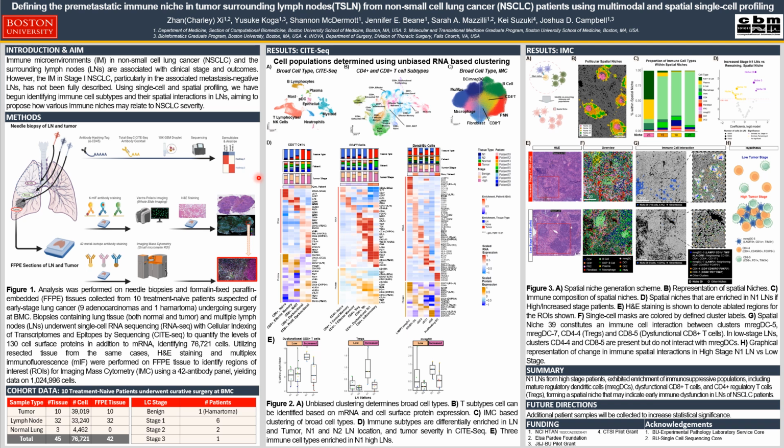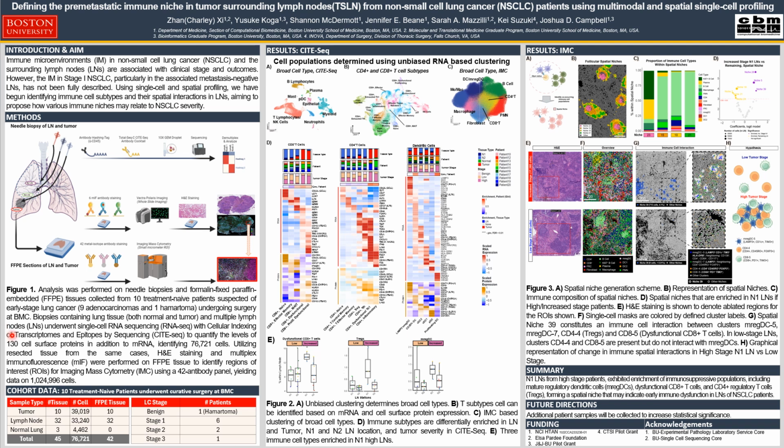tissues are fresh. In total, we have 10 needle biopsies and FFPE tissues collected from 10 different treatment-naive patients suspected of early-stage lung cancer that are undergoing surgery at BMC.